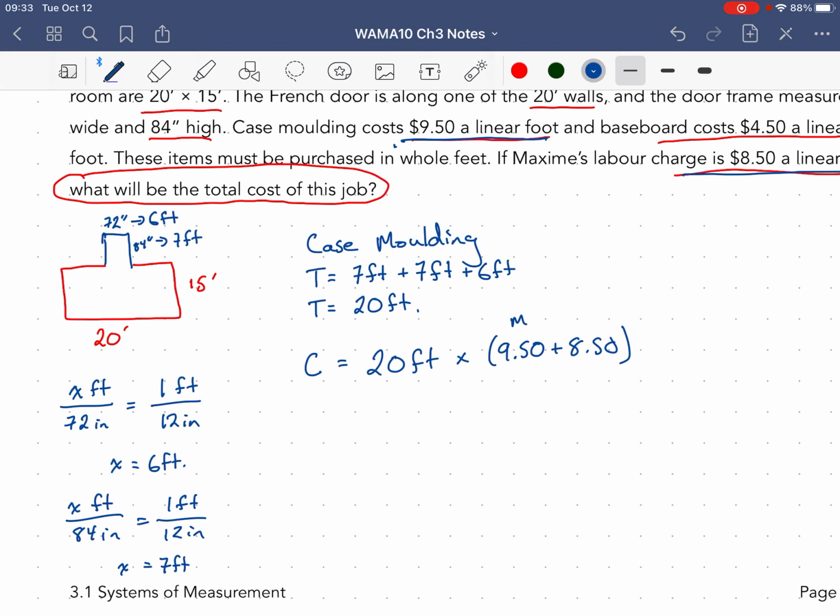Because it's $9.50 for materials and $8.50 for labor per linear foot. So cost is going to be 20 feet times $9.50 plus $8.50. That's $18 per foot. 20 times 18 is $360. So he's going to charge $360 to put in the case molding around the door.